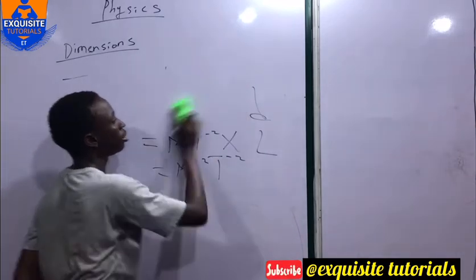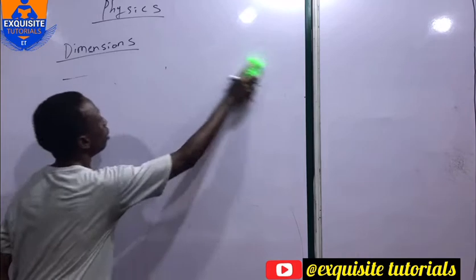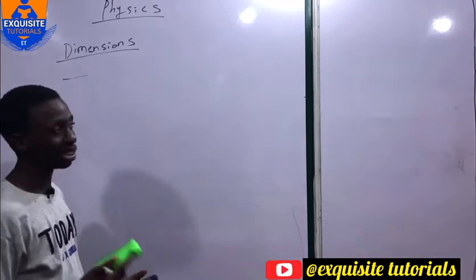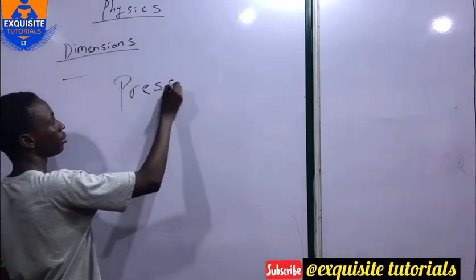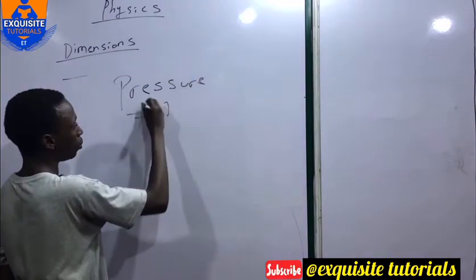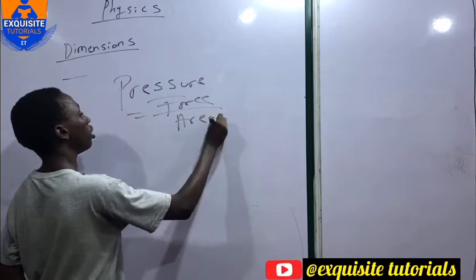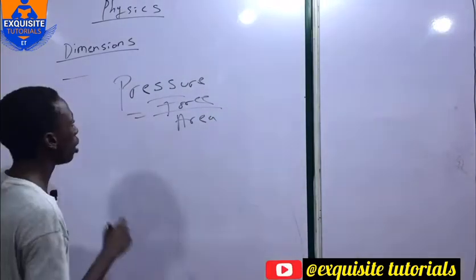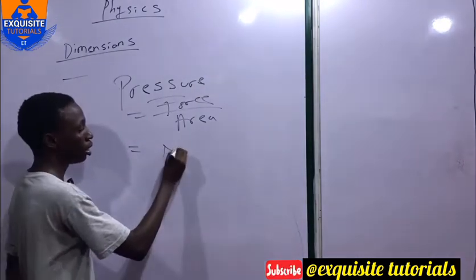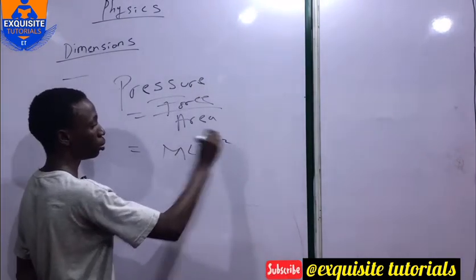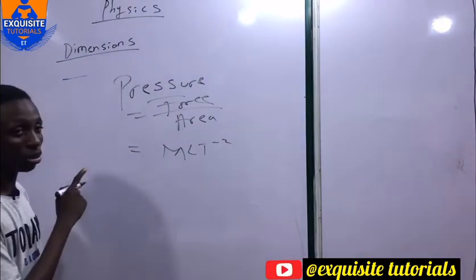So now let's represent the dimension for pressure or stress. We know that pressure is equal to force over area. We have already derived the dimension for force to be MLT^-2. In case you don't get it, you can go to the previous examples and check for force.